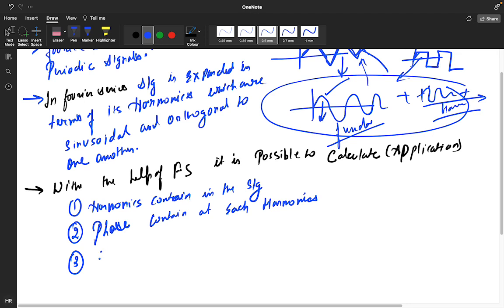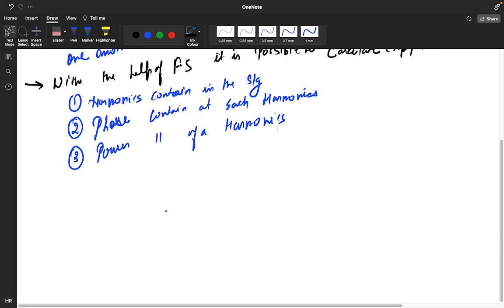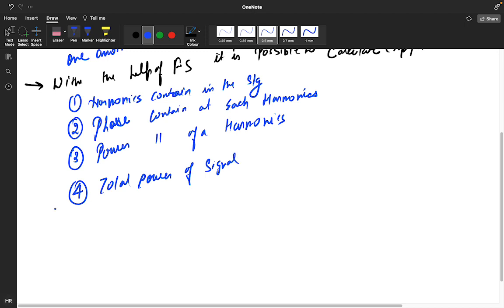Power contained in each harmonic. And total power of the signal. And autocorrelation of the signal.